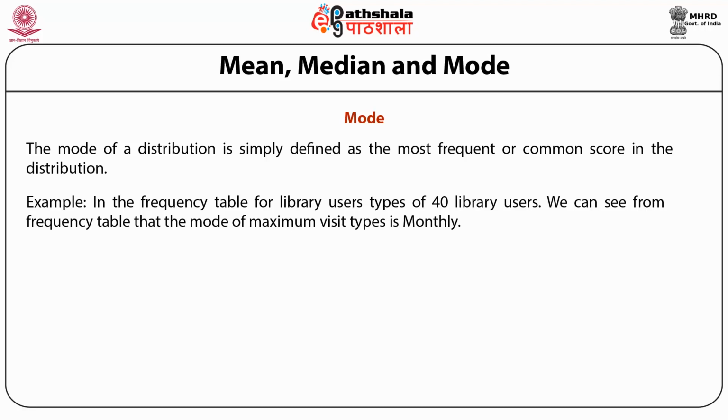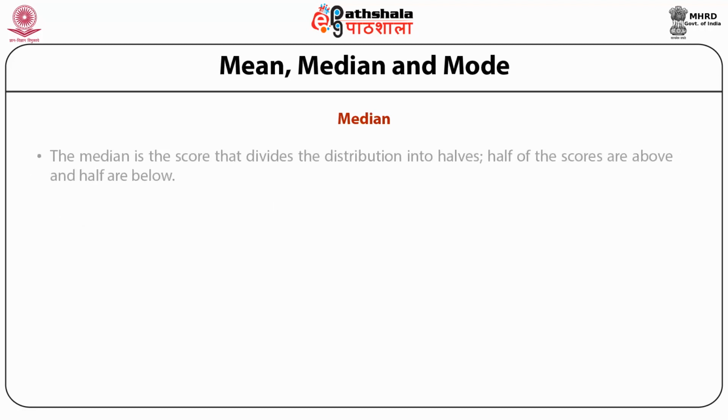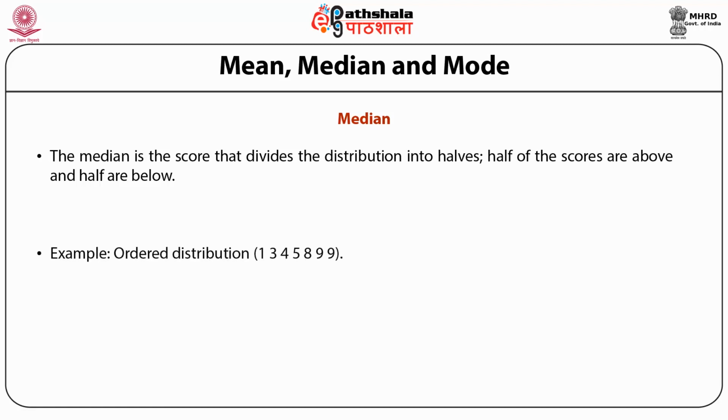Median is the score that divides the distribution, or the frequency distribution, into halves. This is better understood if we take an ordered distribution like 1, 3, 4, 5, 6, 4, 5, 8, 9, 9, the number of usage of books.